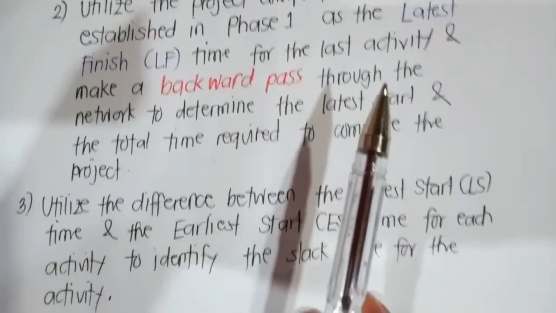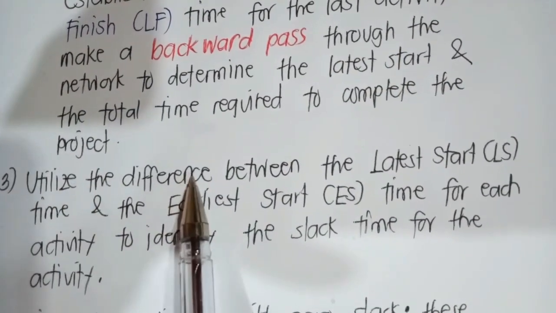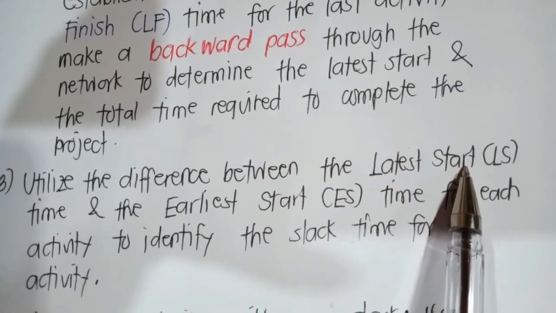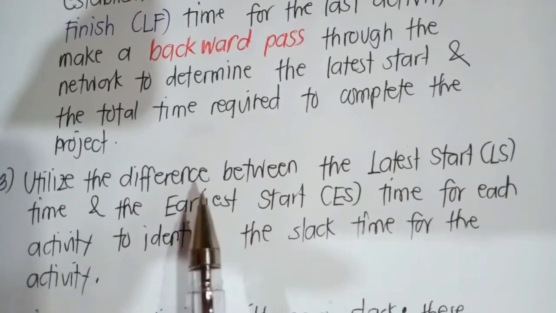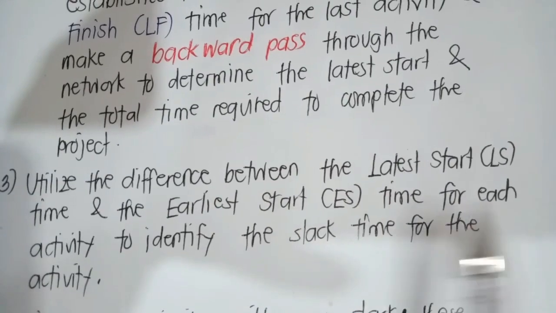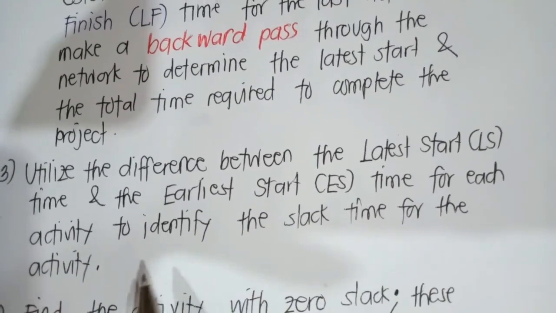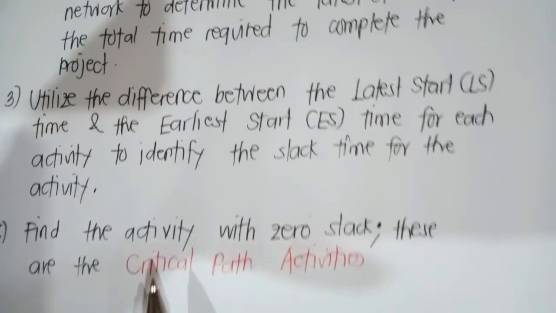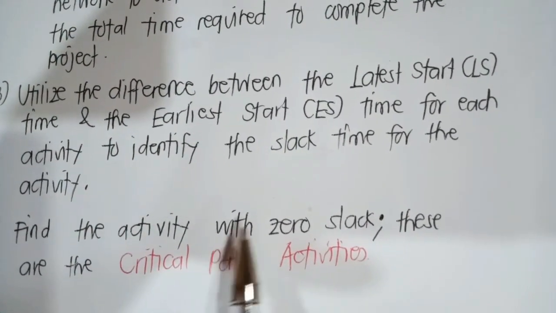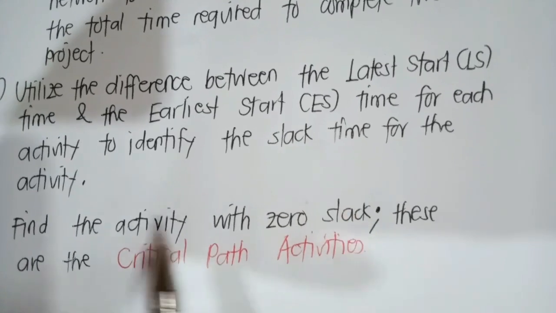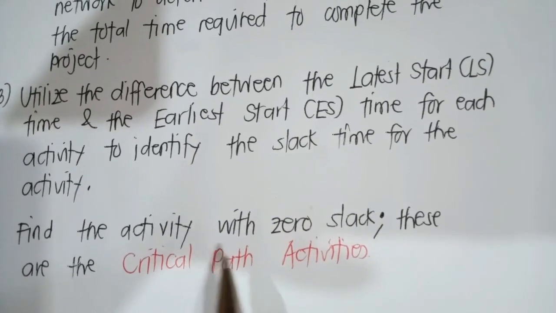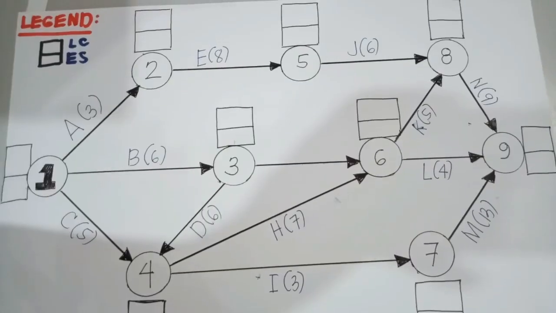Third, we need to utilize the difference between the latest start time and the earliest start time for each activity to identify the slack time for the activity. And finally, we need to find the activity with 0 slack. These are our critical path activities.